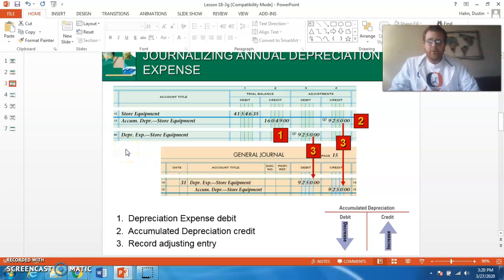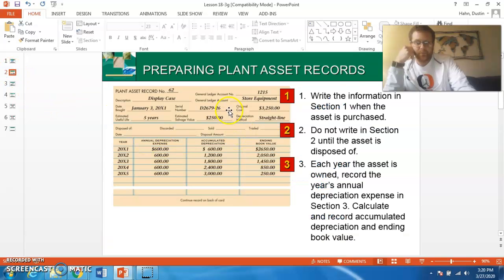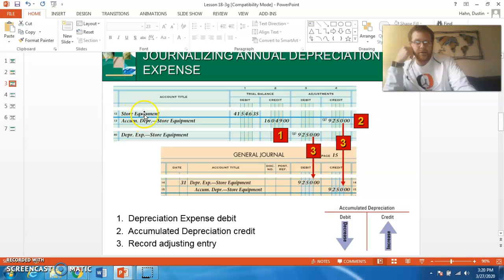Now, when we are working with journalizing the depreciation, store equipment is what it's classified under. Right here, store equipment. Your display case falls under store equipment. And so right here, your store equipment is going to be increased.